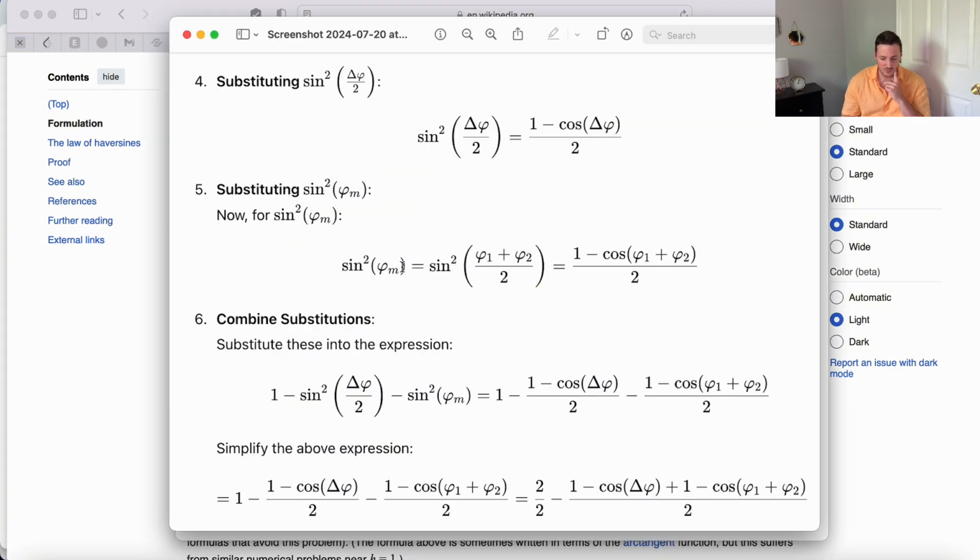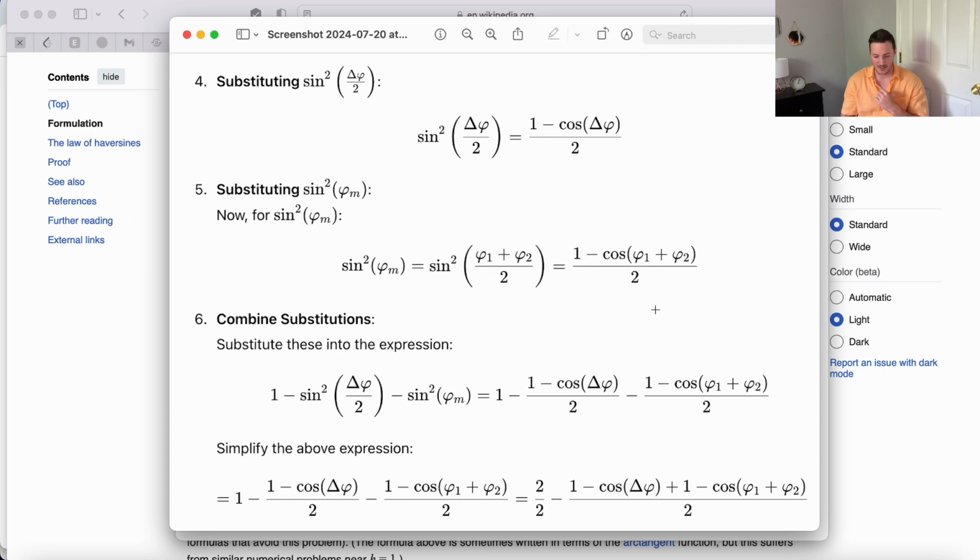But also therefore the same thing for phi m, which by the way was simply the name given for phi 1 plus phi 2 over 2. So plugging this into the same expression, of course we know that this angle here is always double. If you double phi 1 plus phi 2 over 2, you get just phi 1 plus phi 2.